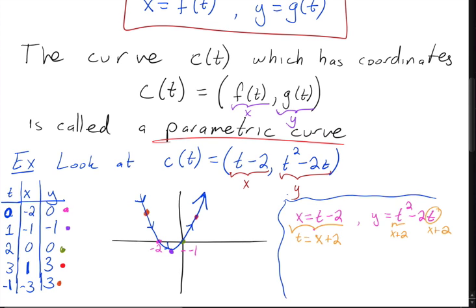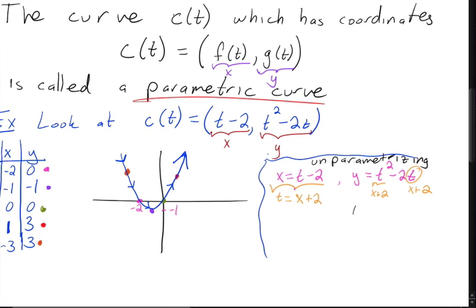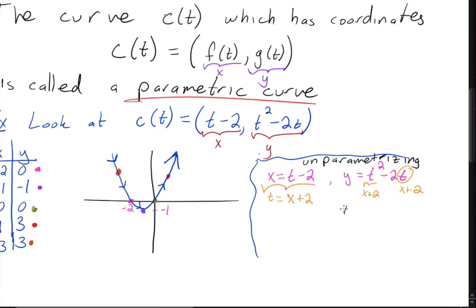What we're doing in this little box is unparametrizing, removing the parametrization. Let's do a little algebra to confirm that it's actually a parabola, because we didn't plot all the points. Maybe we missed something.